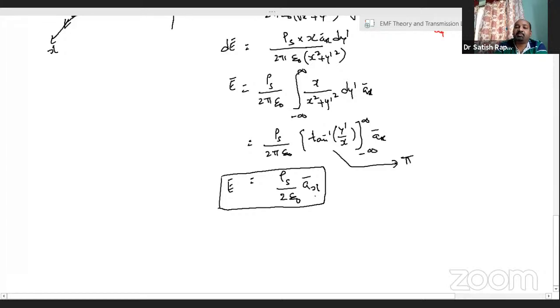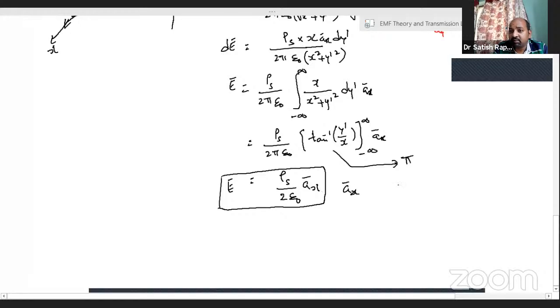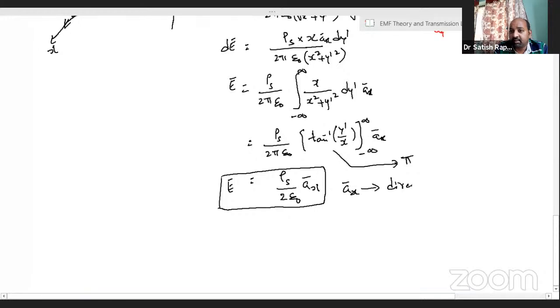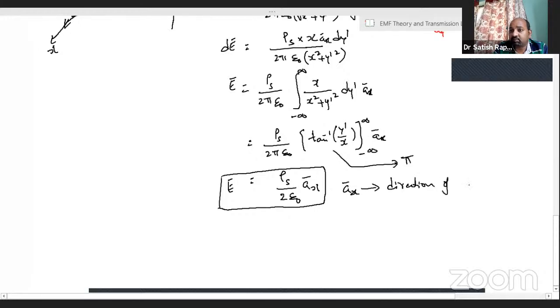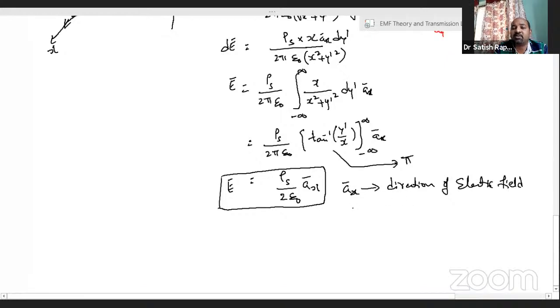So this is the final expression for the electric field due to a surface charge. So what is meant by ax bar? Ax bar is the direction of electric field.